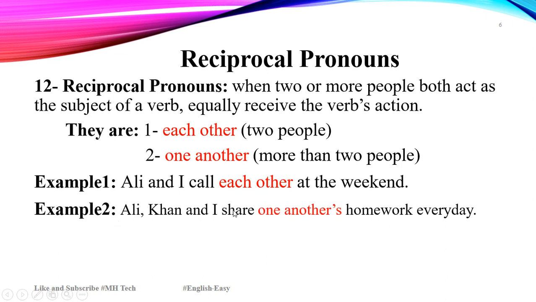Ali, Khan, and I share one another's homework every day. So we use one another's here because we have more than two people, about 3 people here. You use one another's for more than two, and between two people you use each other.